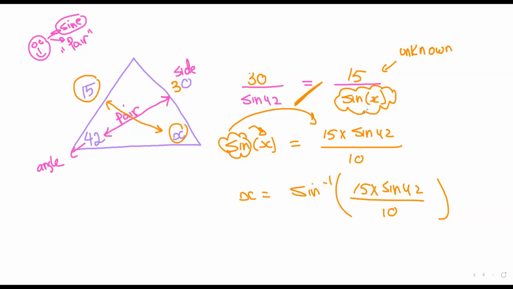And then sine x is equal to 15 times sine 42 over 30. Now you'll get an answer, and the angle would be 19.5. And this is how to use the sine rule if you are going to calculate an angle. We just changed this into 30 so that you don't get an error.